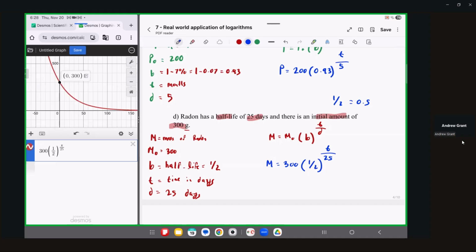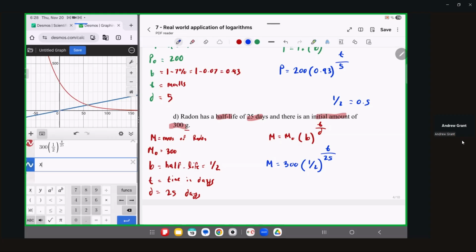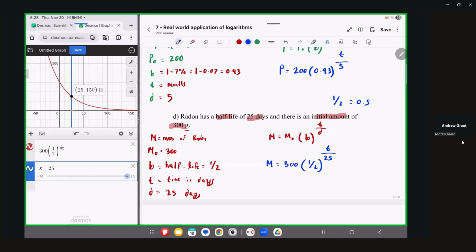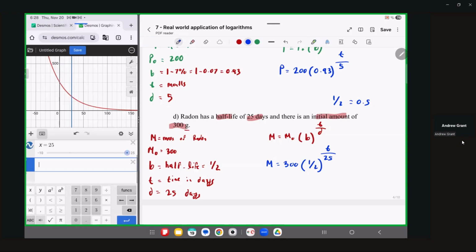So you can see on day 0, we have 300. And then 25 days later, half of it has gone away, so we've gone from 300 to 150.